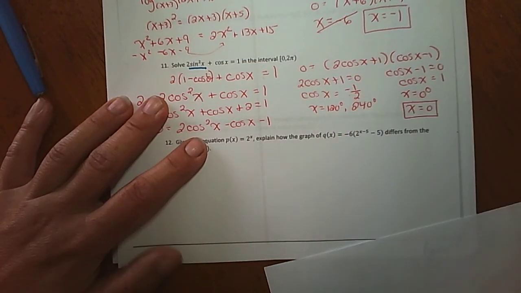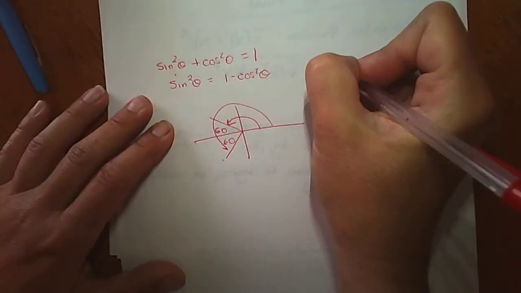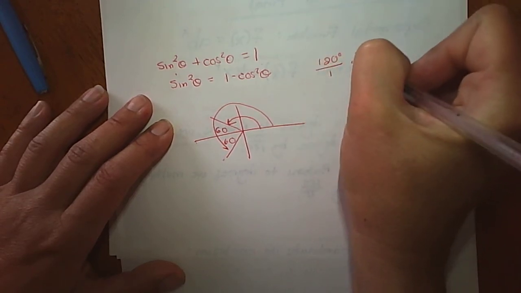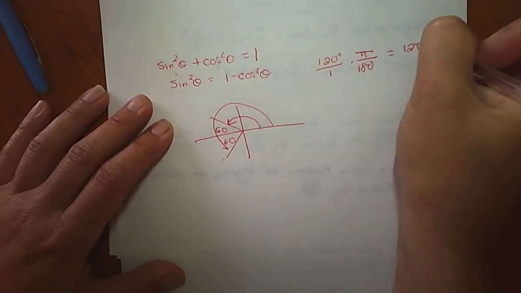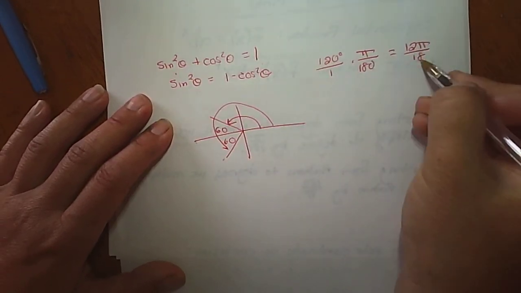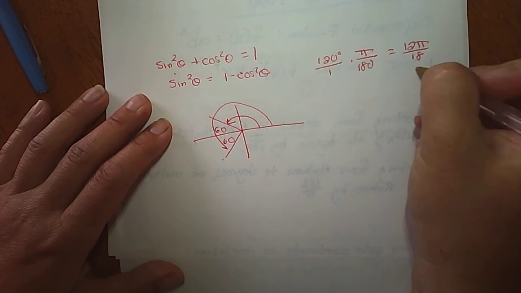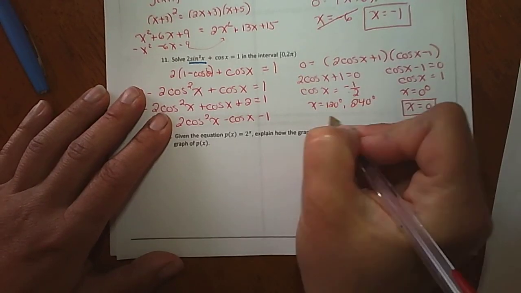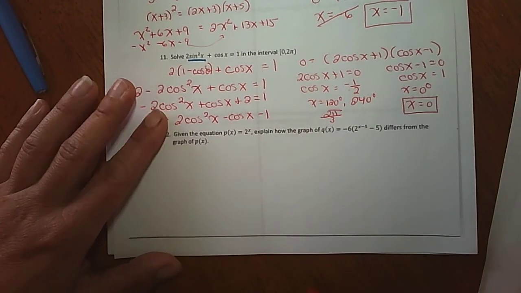All right, now we got to convert these into radians. So I'm going to do 120 degrees times pi over 180, which would be 12 pi over 18. They both have 6 in common, so that's 2 pi over 3. Now there's another way of doing that that's faster, right?